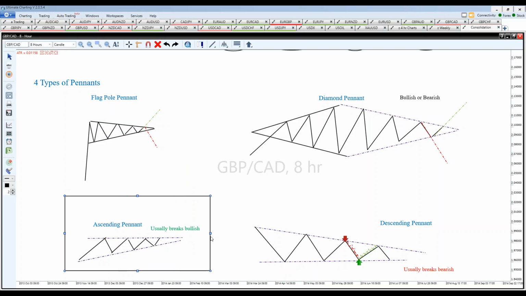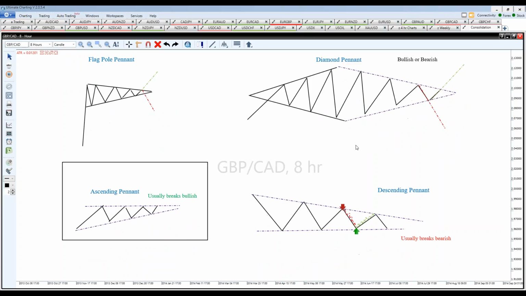Now let's talk about the ascending pennant. The ascending pennant takes place when you find the market bouncing between support and resistance, and in that process it's forming higher levels of support, or higher lows, and equal or similar levels of resistance.